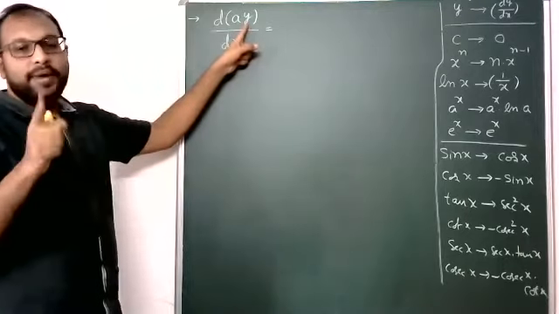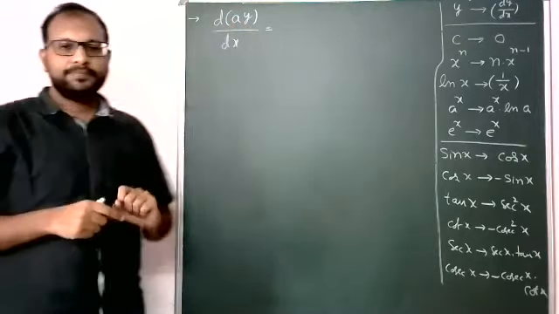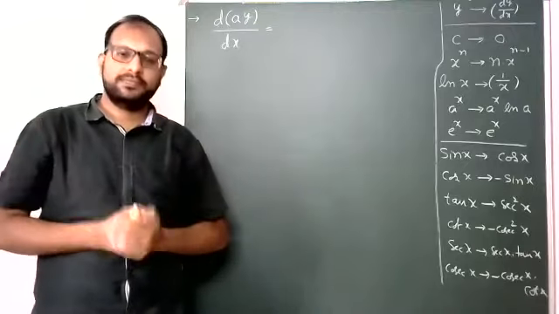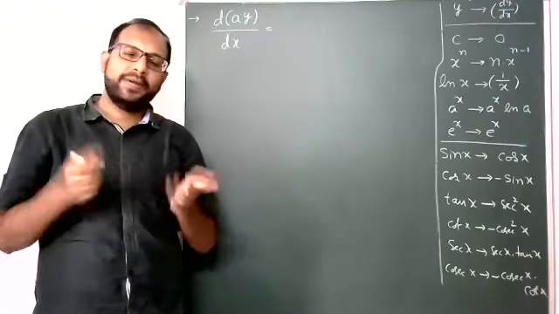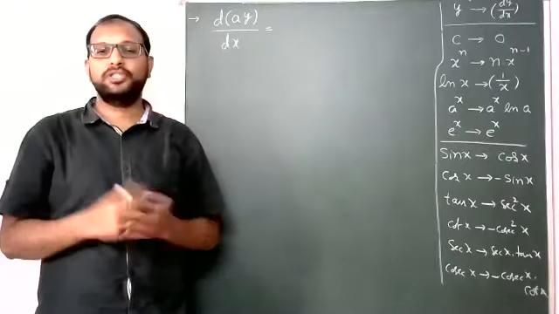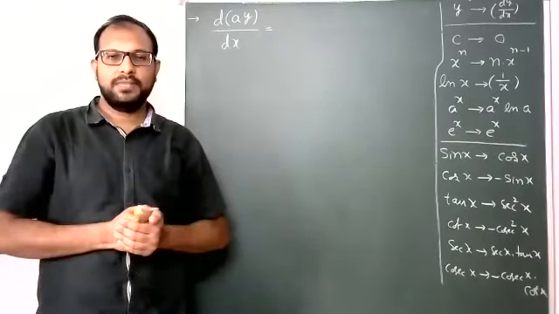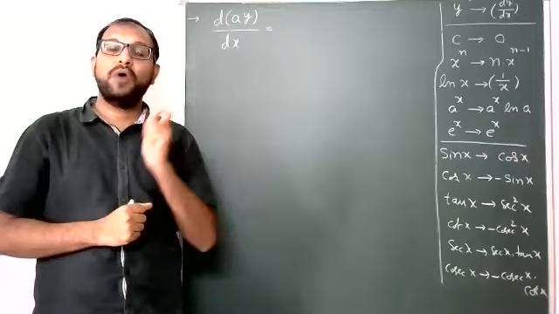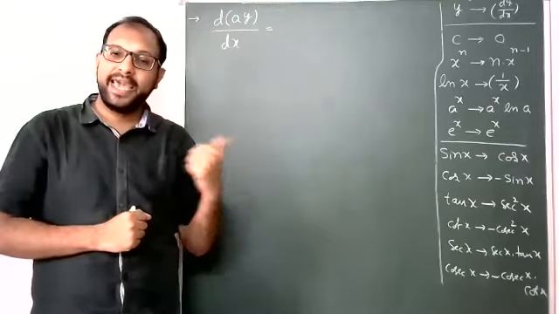But that is only the y. But what about this a? A is a constant. Whatever constant, maybe negative constant, positive constant, or maybe zero. So that's why a may be a positive or negative constant.